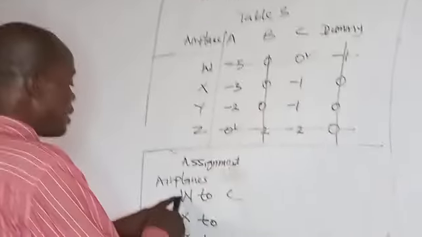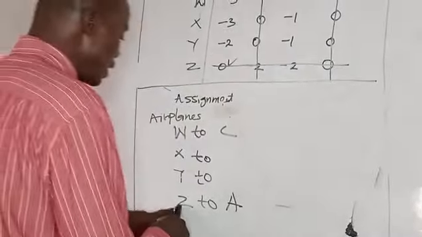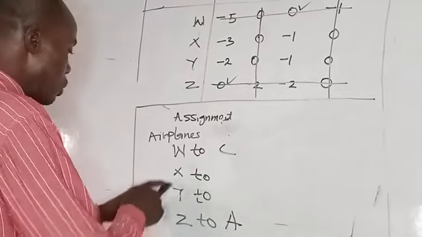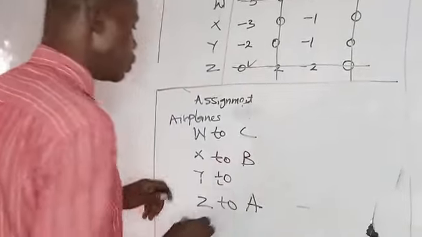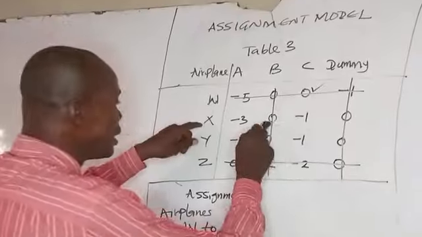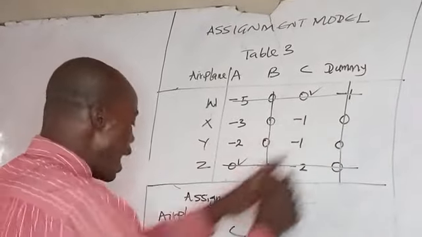Since W has been assigned to C and Z to A, we are left with X and Y. You may consider assigning X to B. If you assign X to B, then dummy will be idle.